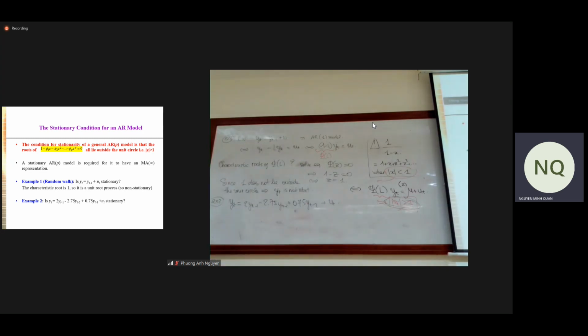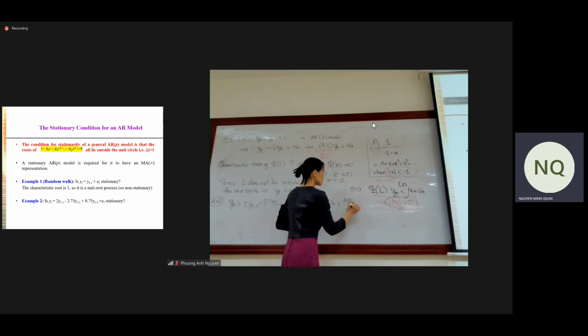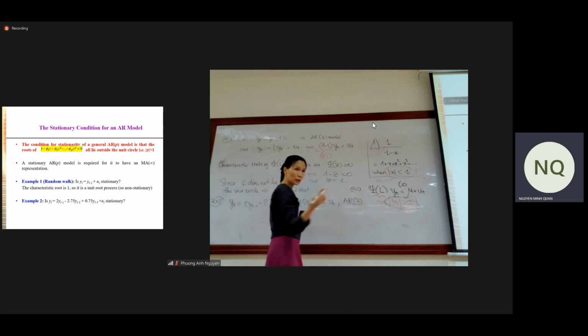First of all, I have to say whether it's an AR or MA model, and of which order. For the MA part, we have only u_t, so nothing special about MA. For the AR part, you have y_{t-1}, y_{t-2}, and y_{t-3}. So it is the AR model of order 3.